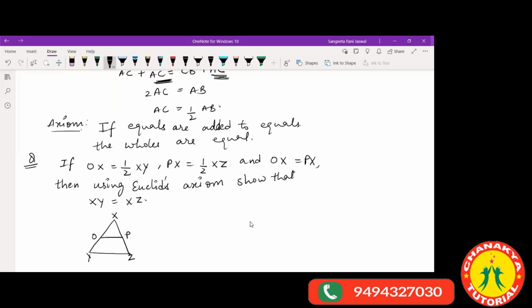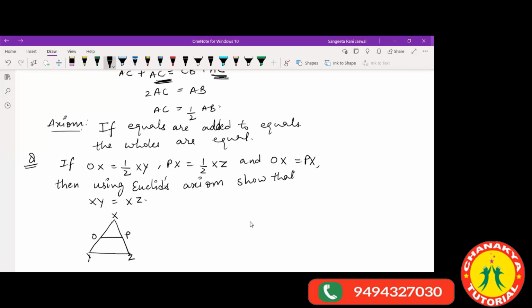Ma'am, is it when equals are subtracted from equals, the remainders are equals? Okay. So you have to prove that XY is equal to XZ. You cannot assume that first. This you have to show. You are given that this is half of this. You have to show that the full lines are equal.